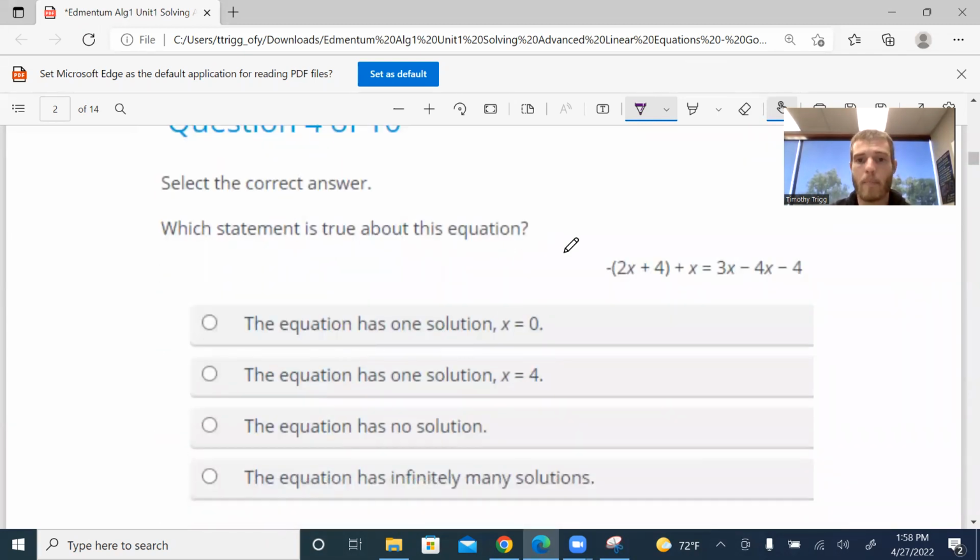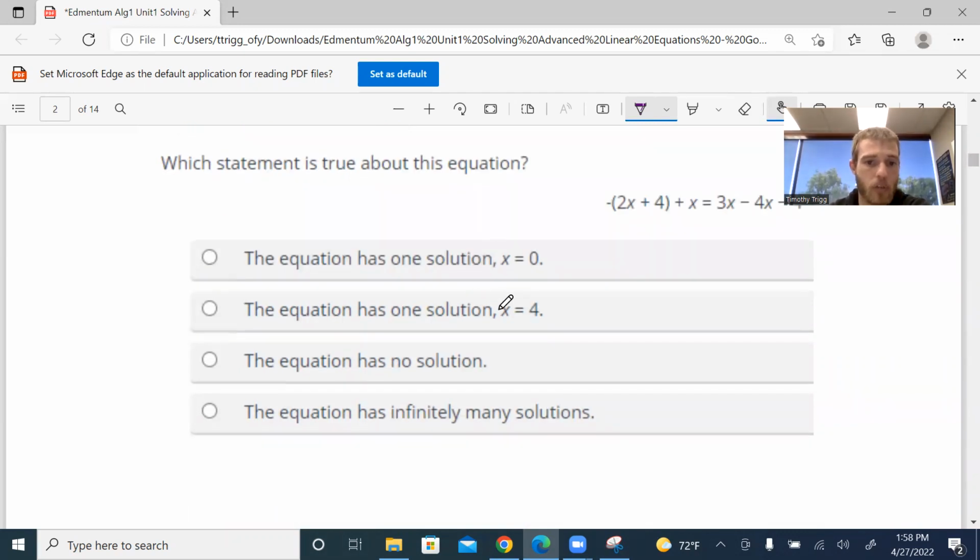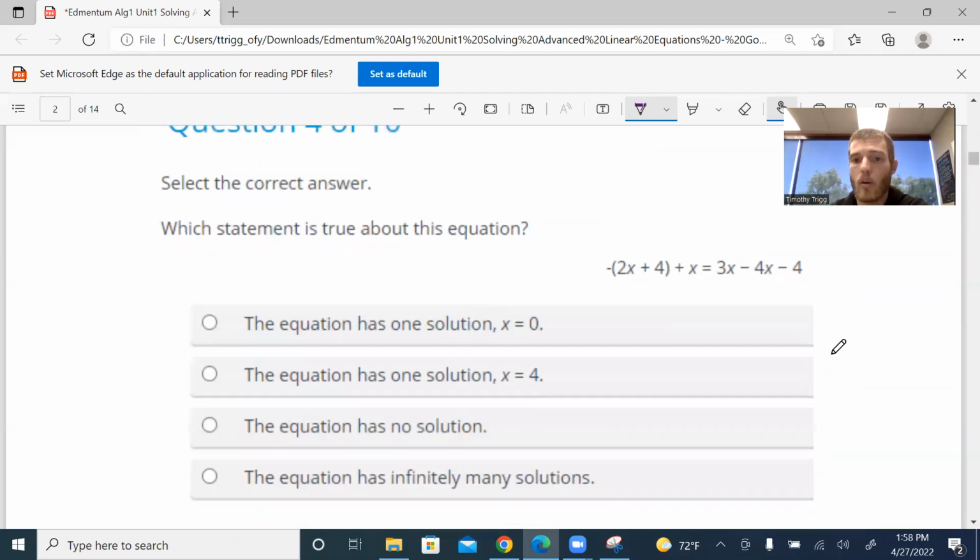Which statement is true about this equation? The equation has one solution. Okay, well, we're going to have to solve this one. And one thing to keep in mind here, notice there's a negative in front of the parentheses with the 2x plus 4. Does that negative get distributed? Yes. So this negative applies to everything in this parentheses.